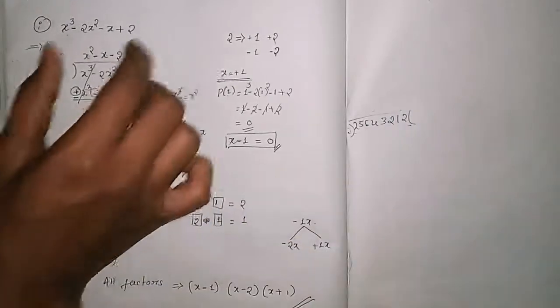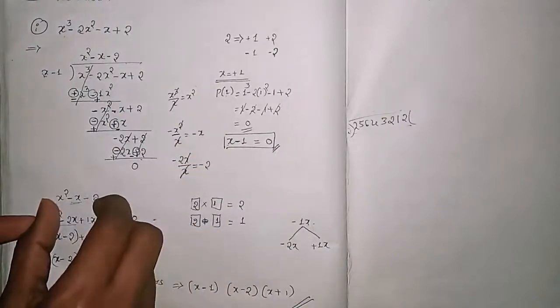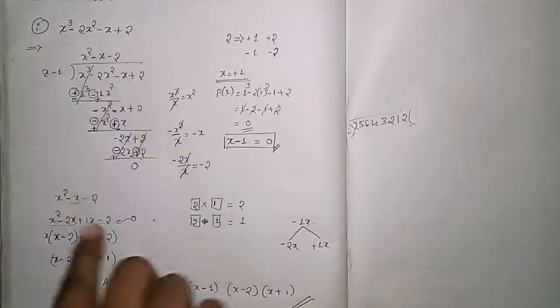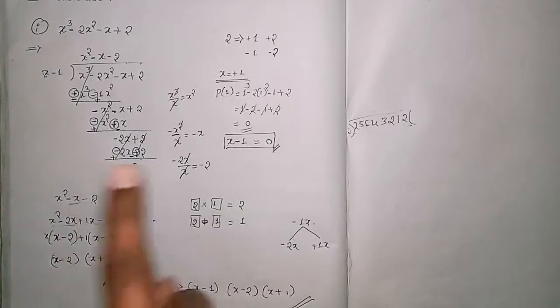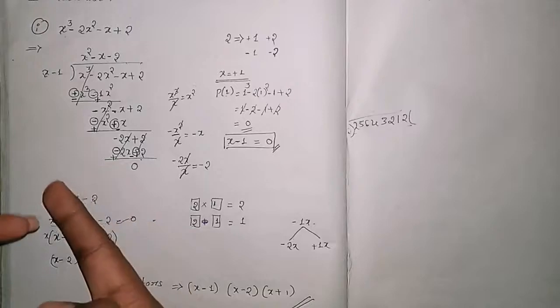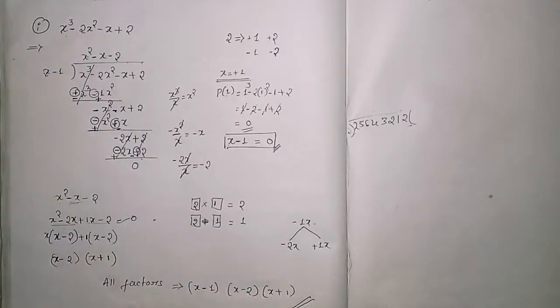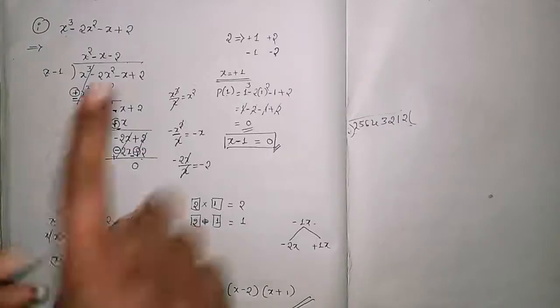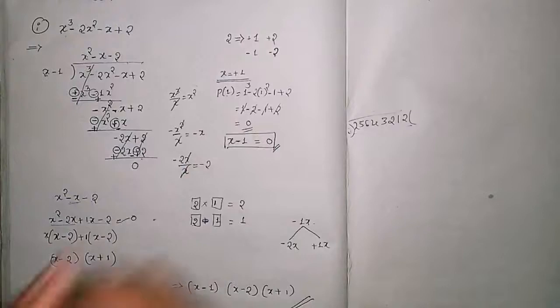Whatever our bigger polynomial equation is, we have to make it a smaller polynomial. That means 4 terms we have to convert to 3 terms, which we can do with the division method. But the question then arises: you can convert to 3 terms, but you don't know the factor to divide by, yes.